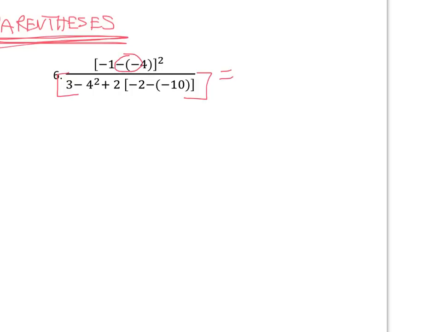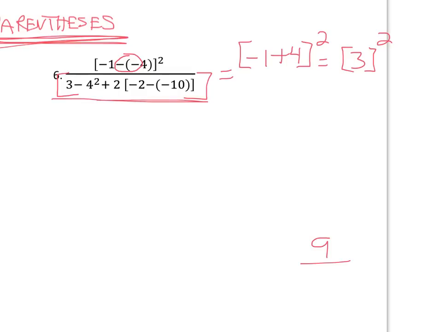I see right away, if I subtract a negative, that becomes a positive. So really, this becomes -1 plus 4, and then that quantity squared. All right, so -1 plus 4, that's 3. And then 3 squared is 3 times 3, which is 9. So I'm going to put 9 on top.